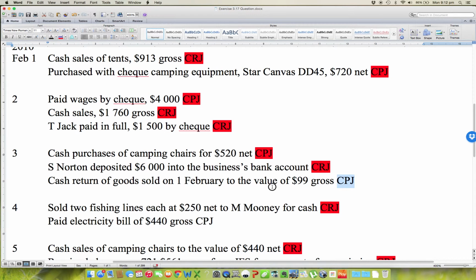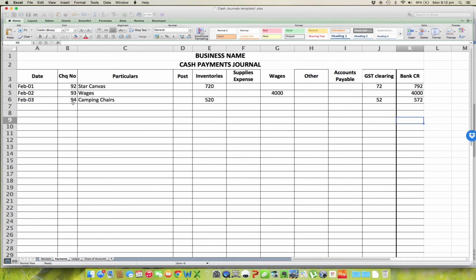So this transaction does actually come into the cash payments journal. So I'll pop that in. It was for $99 gross, so GST is included in that figure. Next check number available is 95. Particulars are going to be sales returns. We haven't got a column across the top for sales returns, so we'll go straight into our other account.